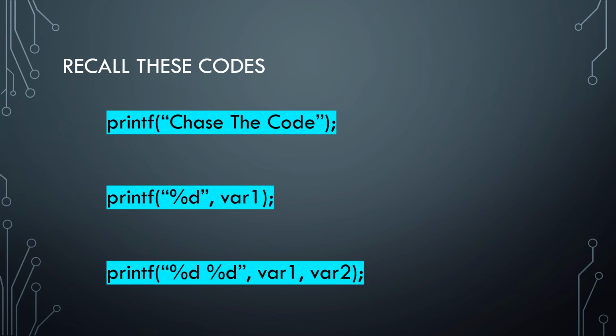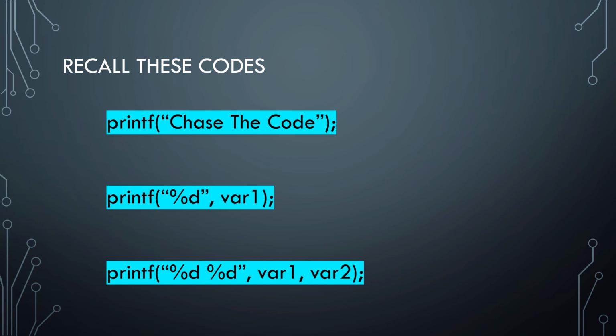We have taken some examples from our previous lecture. In the first printf, there is only one argument, that is chase the code, and that too in double quotes. In the second printf, there are two arguments, and the third is quite similar to the second one. The only difference is that instead of two arguments, there are three arguments, if you observe carefully.